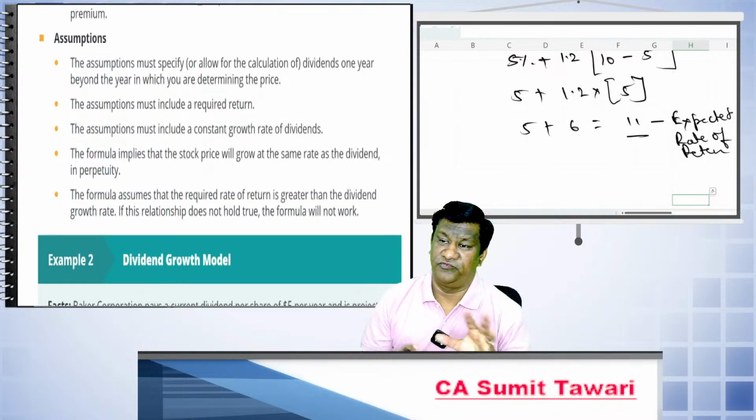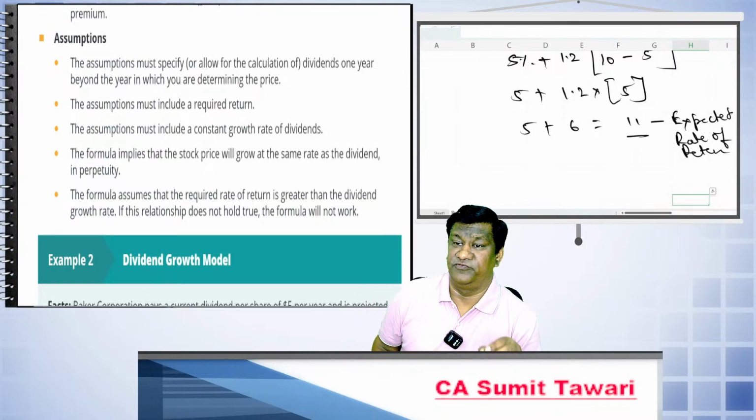Whatever information you have, say if the beta is given, then you need to consider the CAPM formula. If you see a growth rate is not given in this formula, but if the growth rate is given, then you need to apply the dividend growth model or Gordon growth model. Clear?